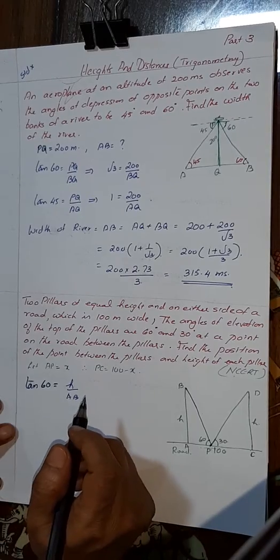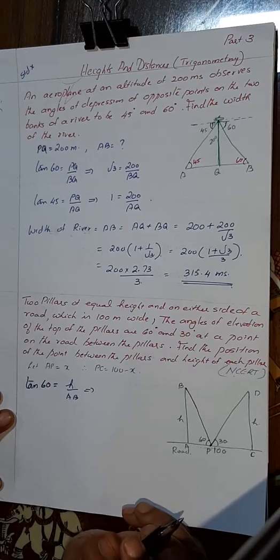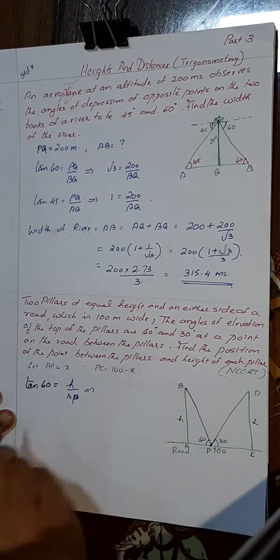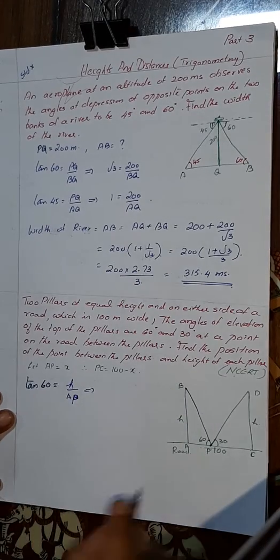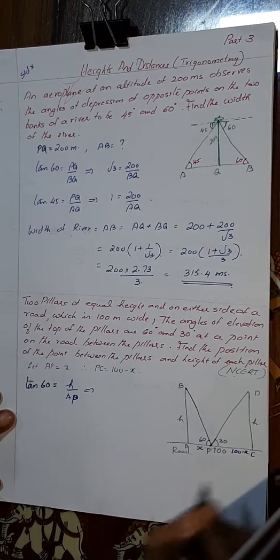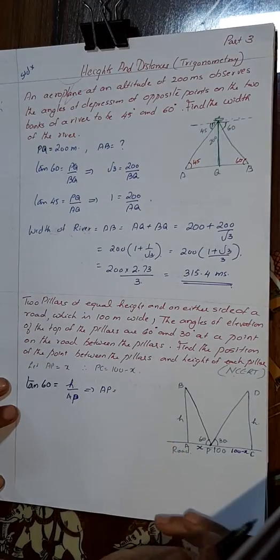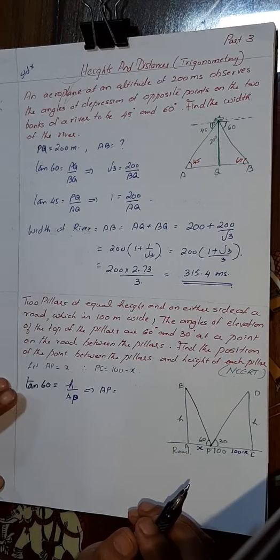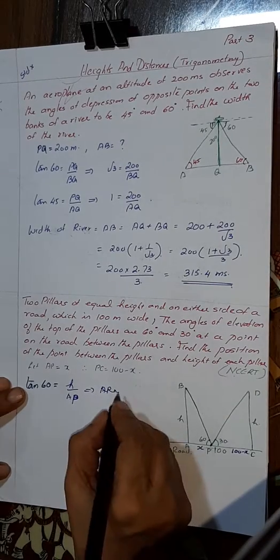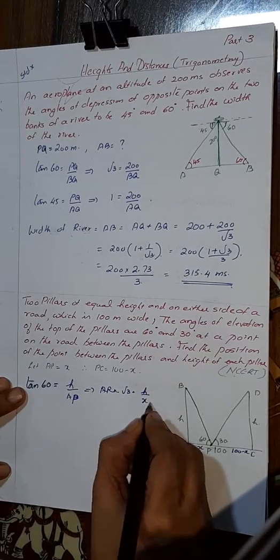So tan 60 will be root 3, AP is x. So root 3 is equal to h by x.